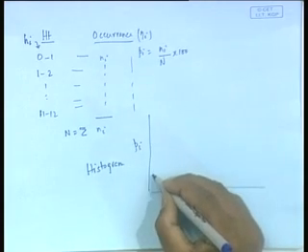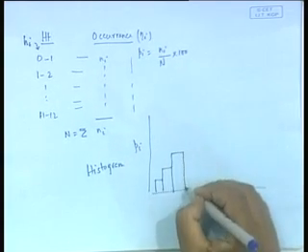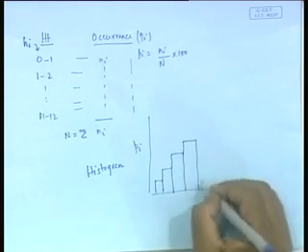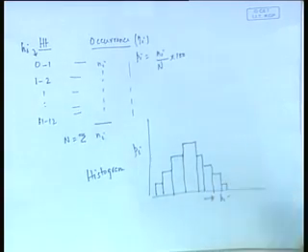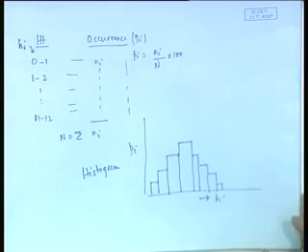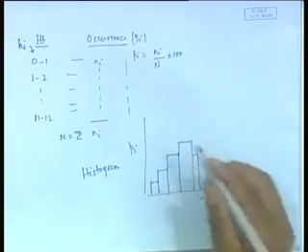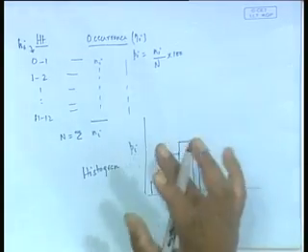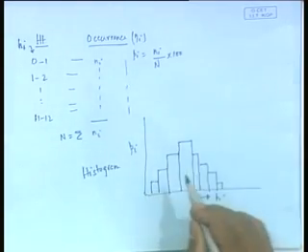If you do that, it looks something like this. Everybody knows this. The total area is equal to 1 if I take probability, etc. I can call this a probability function also, Fx. This is a typical histogram.